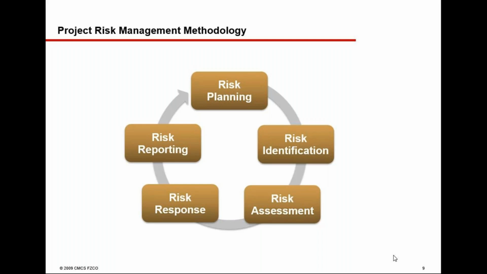Then identifying the risk, manually going through the different sets of documents related to the project, wherever there is a scope or an impact on any of the objectives. Then we do a risk assessment, qualitative and quantitative analysis. Then comes the risk response, then your risk reporting.